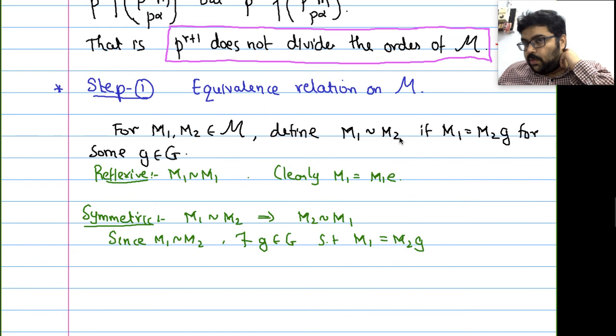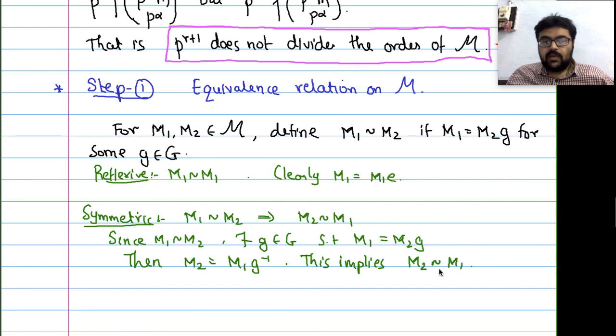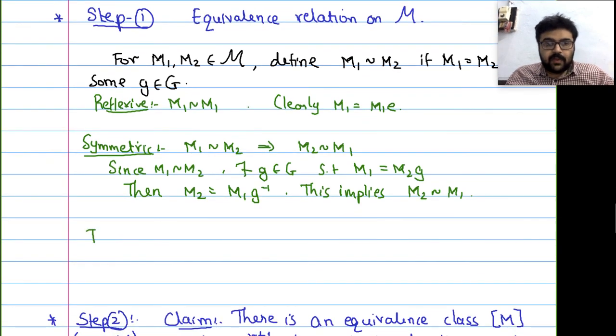Now from this, how do we write M2? Multiplying both sides on the right by G inverse, we get M1 G inverse equals M2. So this implies M2 is related to M1. So the relation is symmetric. And finally, transitivity.